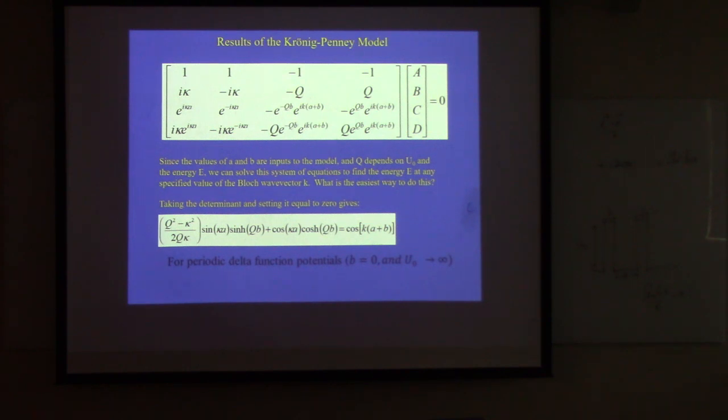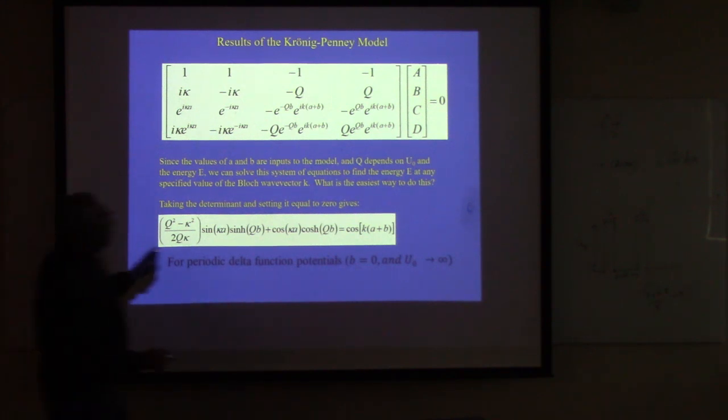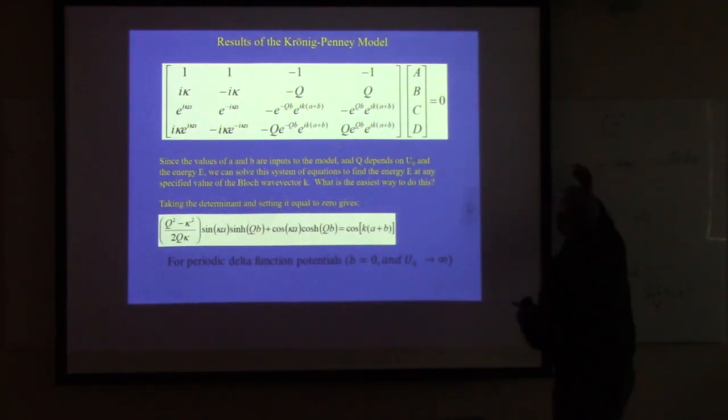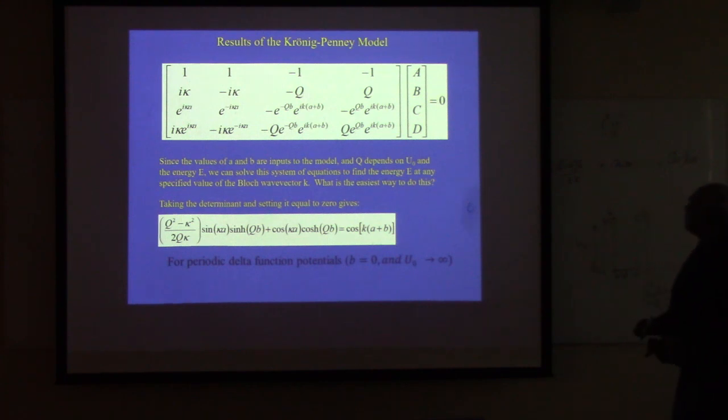So then what I have is q squared minus kappa squared times b over 2 kappa, right? That's it.